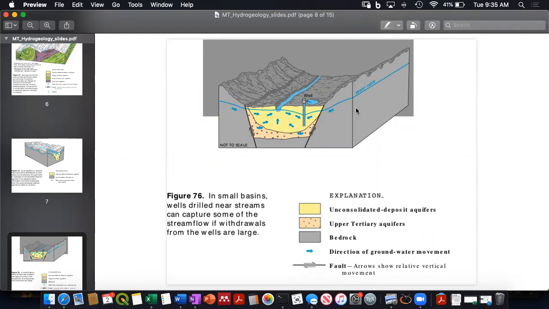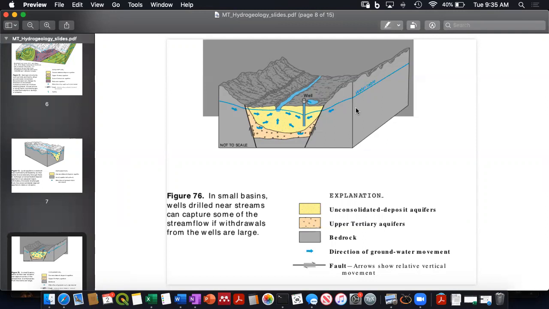So one of the things that you're gonna do is create one of these for Lolo Creek. And in order to do it, I want you to know the general geologic history of Lolo Creek area, like what's happened there, and the basic geology of it.